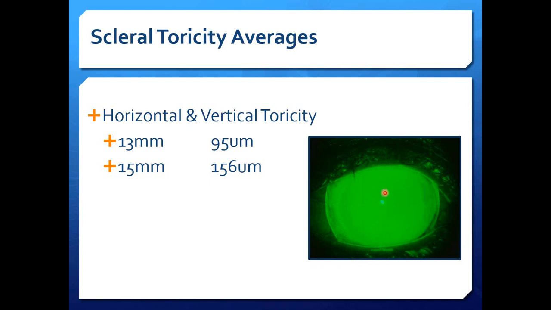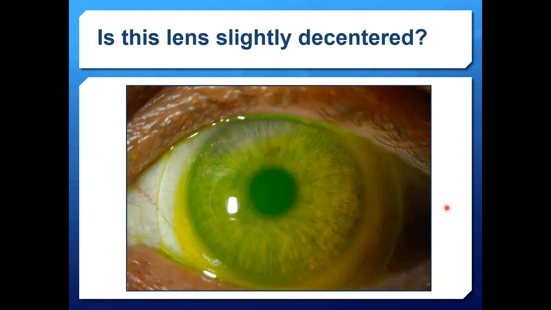The eye depth was 500 microns deeper this way than it was this way, whereas the normal amount of toricity would be around 150 microns. So it does come up that you need a more toric type landing of your scleral lenses, but typically a symmetrical lens on most eyes is going to work quite well, and I would guesstimate better than 95% of eyes can be fit with a symmetrical lens.